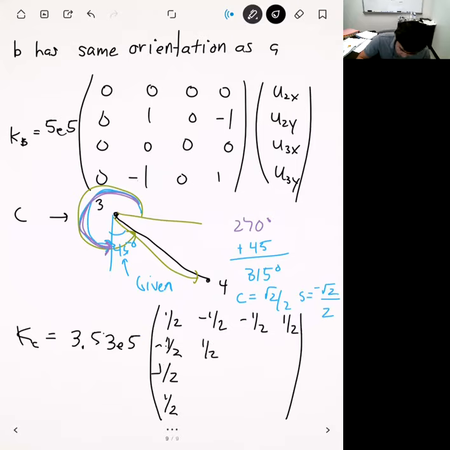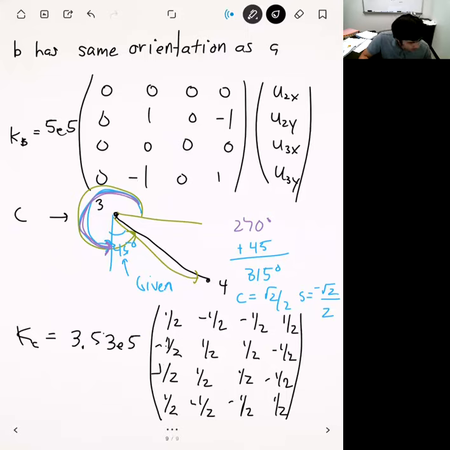Then we have 1/2 here, 1/2 here, minus 1/2 here. Okay. I'm going to write those values into the first column. So we have 1/2 and minus 1/2. Okay. We have a 1/2 here, minus 1/2 here, minus 1/2 here, and 1/2 here.